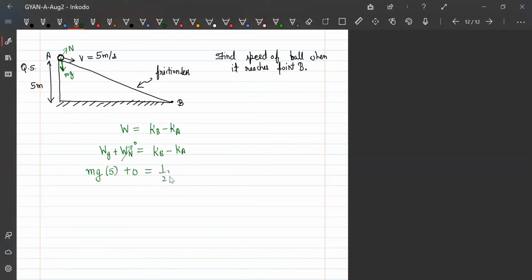Final kinetic energy we need to calculate. And initial kinetic energy we already know. M into VA कितना था? 5 square. Do the calculation, find the value of VB. कितना आएगा VB?